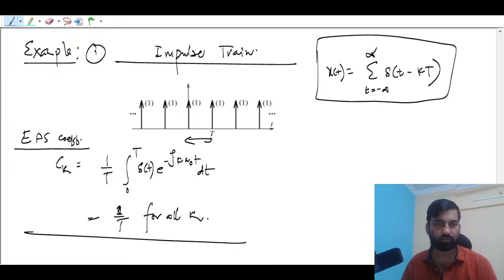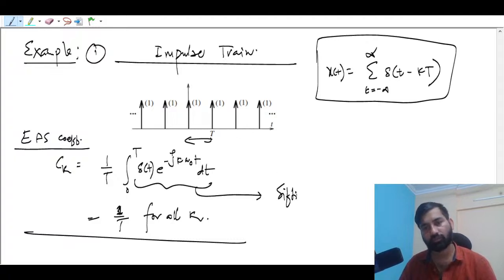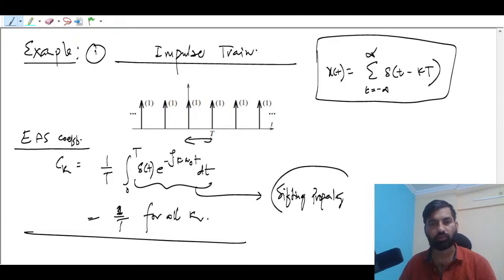So the area under this will be, using the shifting property, 1 by t. So your Fourier series coefficient is going to be 1 by t for all k.